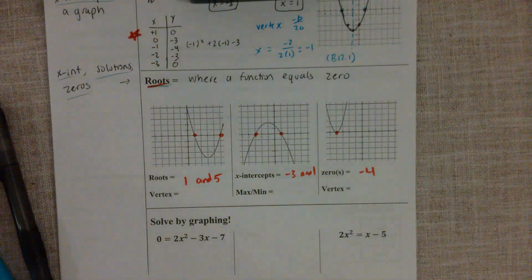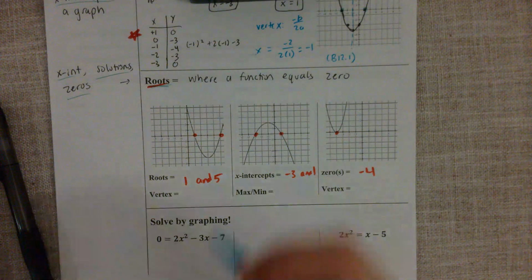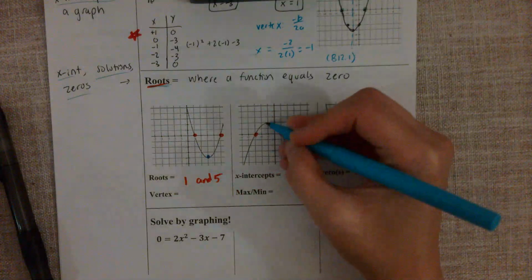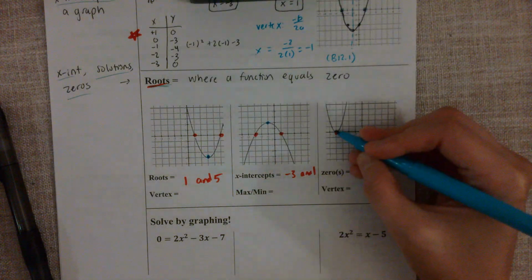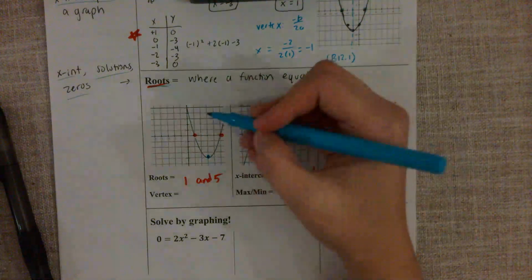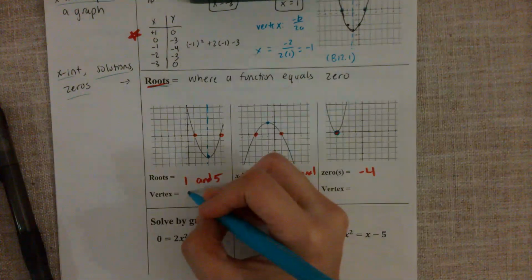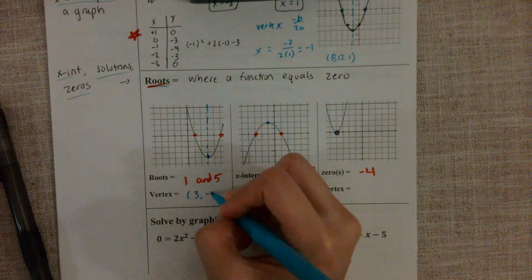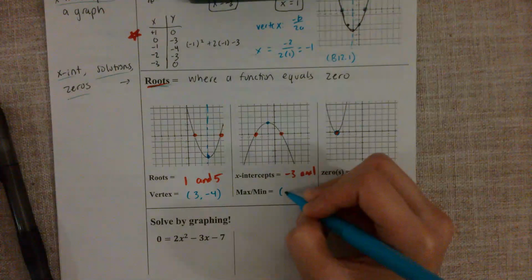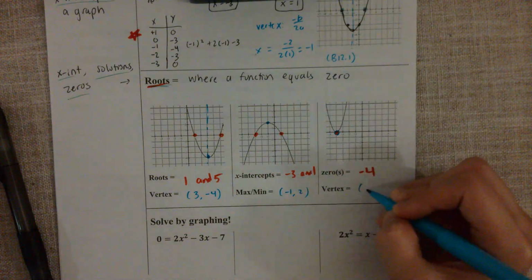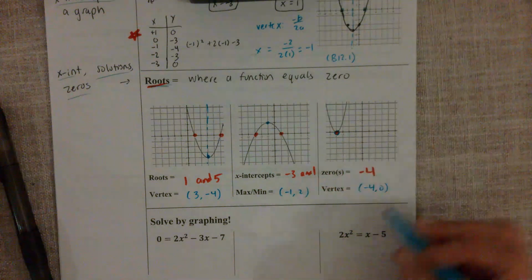And then our vertex, remember our vertex is a minimum or maximum. It's also on the axis of symmetry, right? So our vertex is going to be a point, 3, -4, -1, 2, -4, 0. So this one happens to be both.